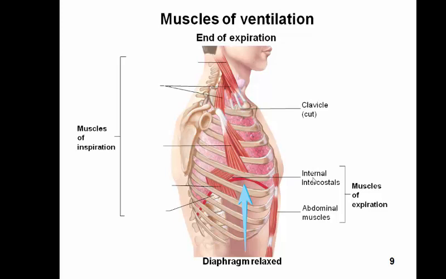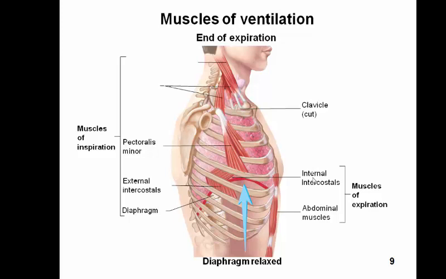Now, just to review the muscles of inspiration, of course, the major inspiratory muscle is the diaphragm. In some cases, under resting conditions, the external intercostals may be active, but their activation certainly increases when there's a need to ventilate more.